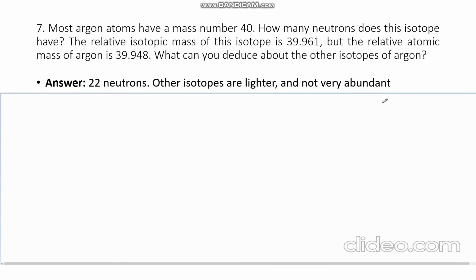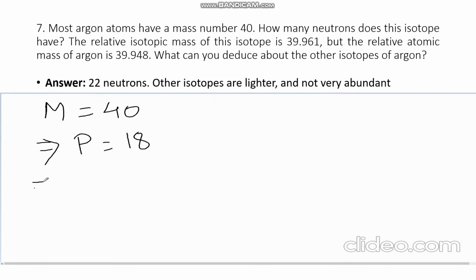So the mass number of a particular isotope of argon is equal to 40. But we know that argon has the atomic number of 18. That means number of protons is equal to 18.